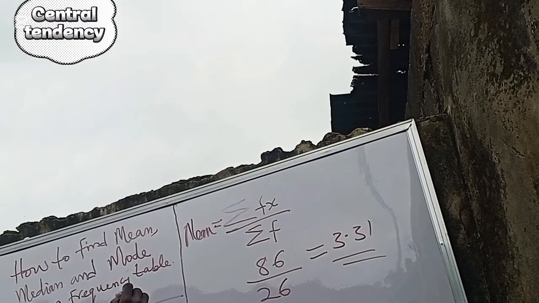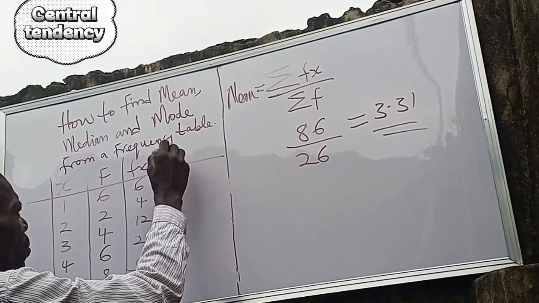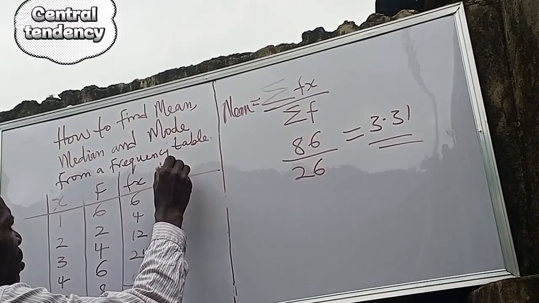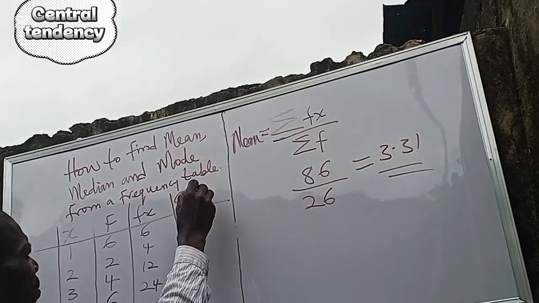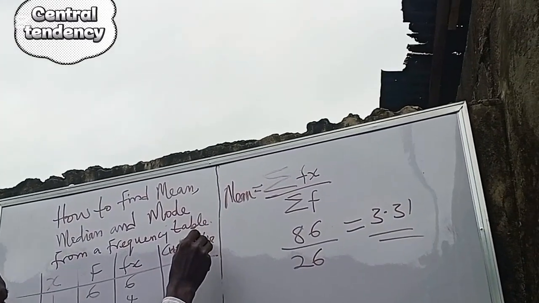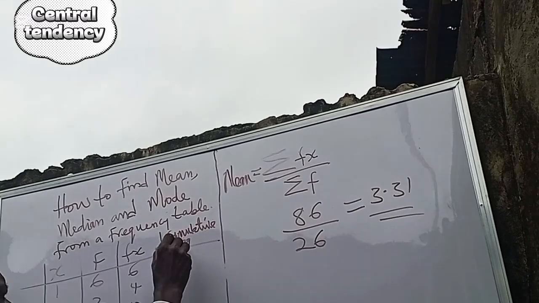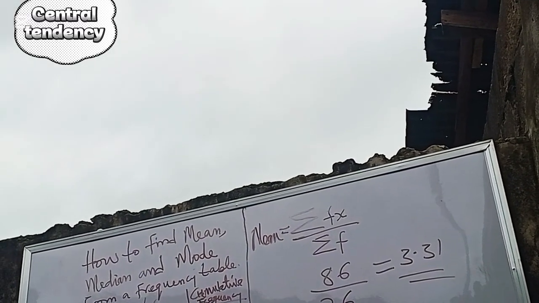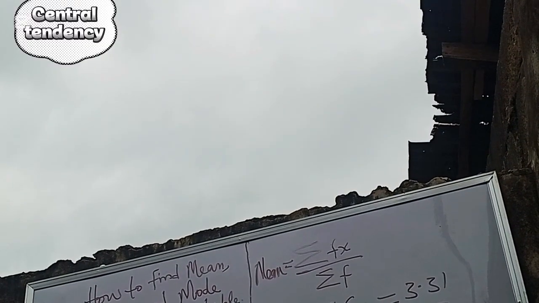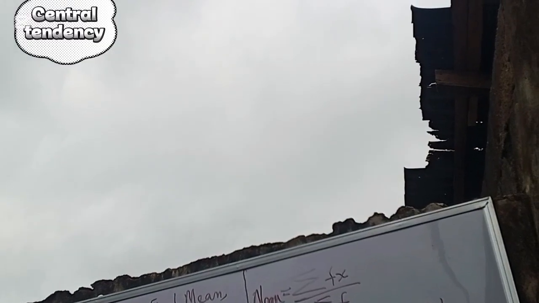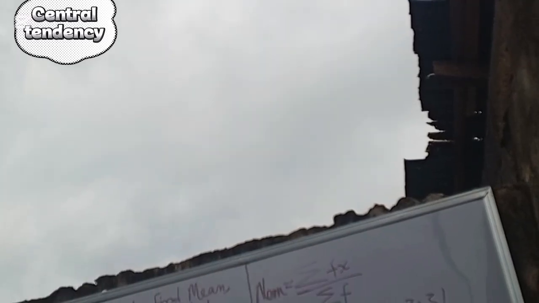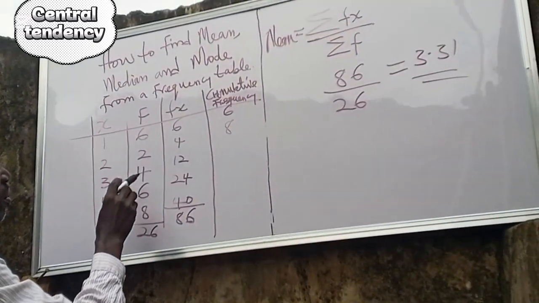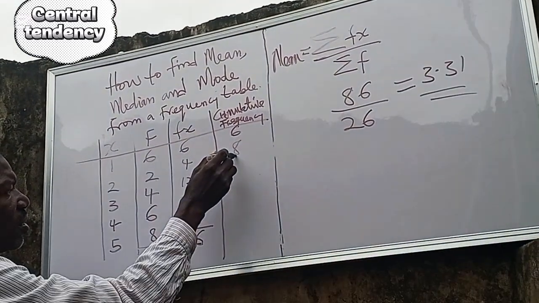So what we need to do is find the cumulative frequency. The first one is 6. Then 2 plus 6, that is 8. 4 plus 8, that is 12.